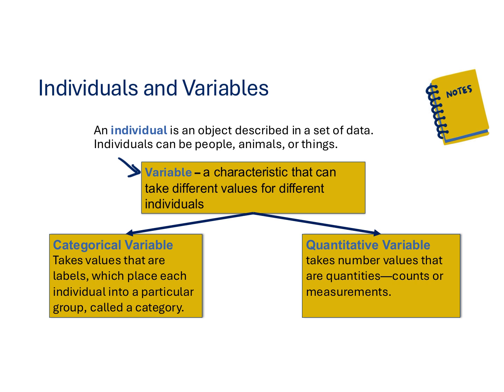So there's a couple things in this section that we need to be able to do that we talked about on the last slide. Figure out who the individuals are, who is being described in a data set. Then we need to figure out what are the different variables that are being presented about those individuals: height, weight, etc. From there, we're going to take it a step further and figure out which of those variables are quantitative and which of those variables are categorical.